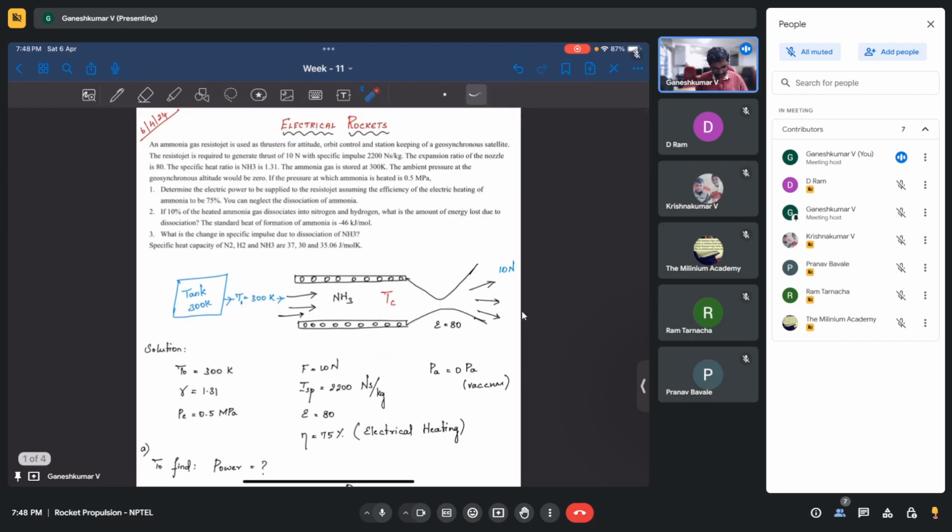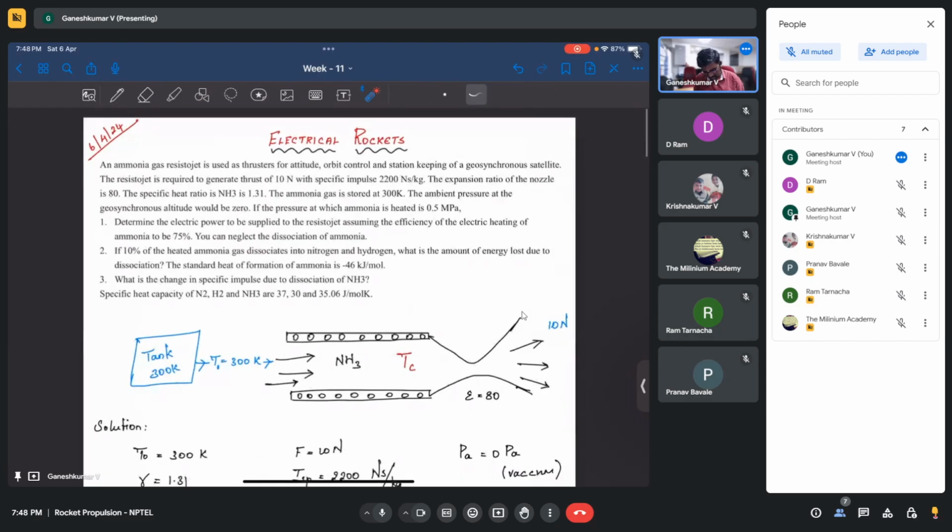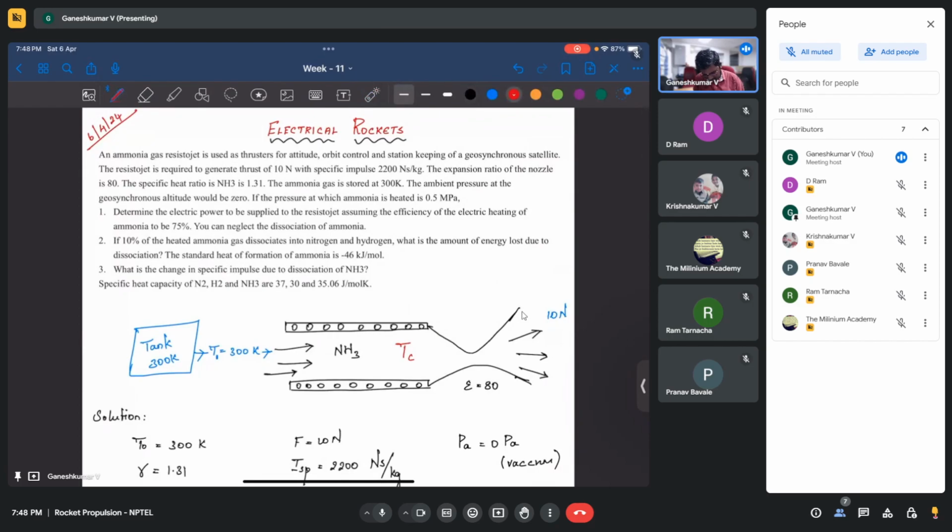The temperature here is around 1300 Kelvin. At this point, ammonia can dissociate or may not dissociate. Currently we neglected dissociation and found the electrical power. Now let's say the second question is, so I hope the first question is clear for everyone.